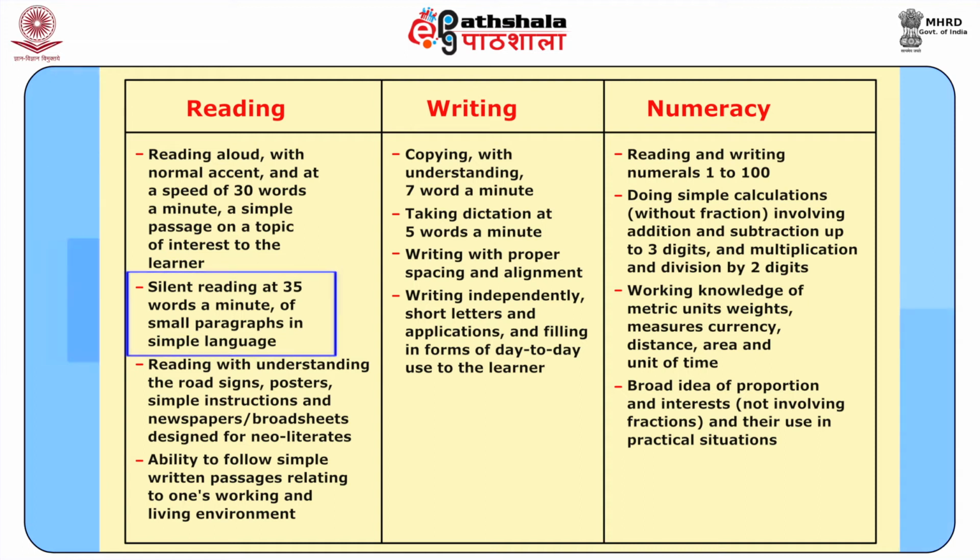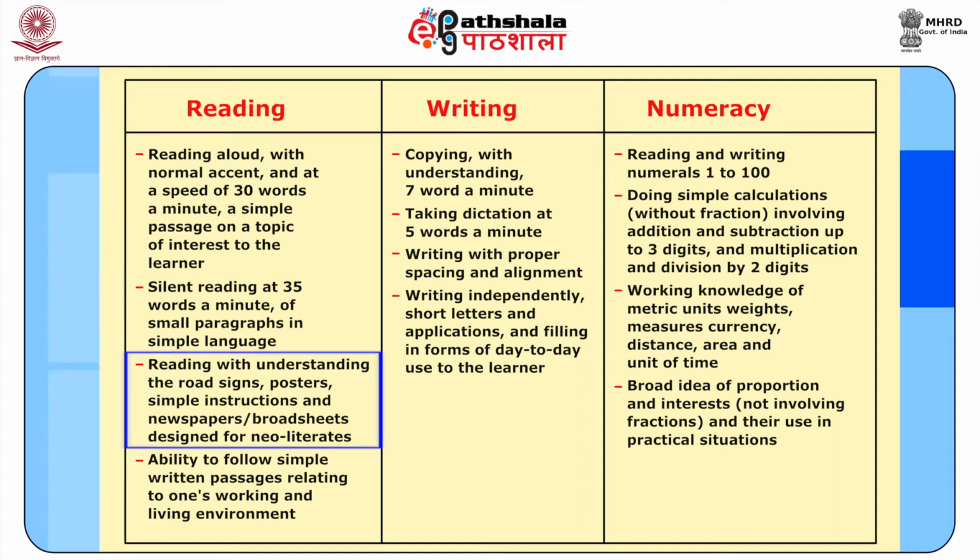Silent reading at 35 words a minute of small paragraphs in simple language, reading with understanding the road signs, posters, simple instructions, and newspapers, broadsheets designed for new literates. Ability to follow simple written passages relating to one's working and living environment.